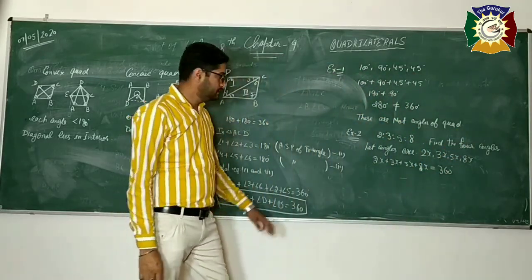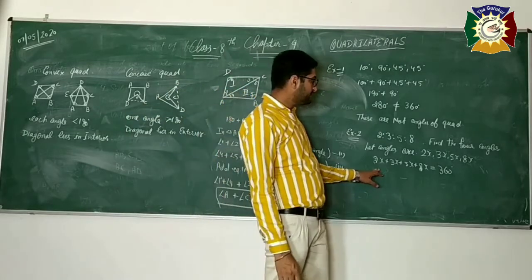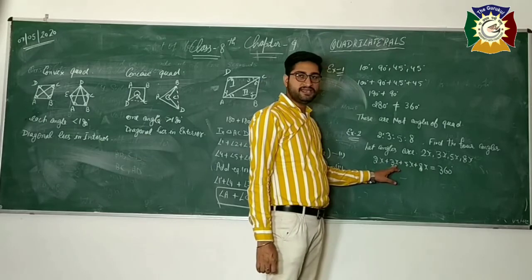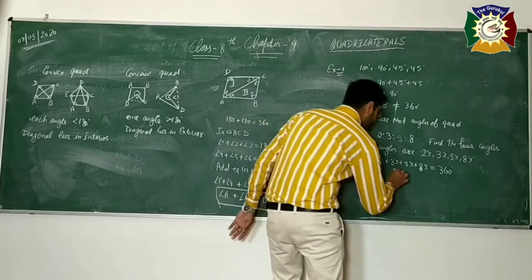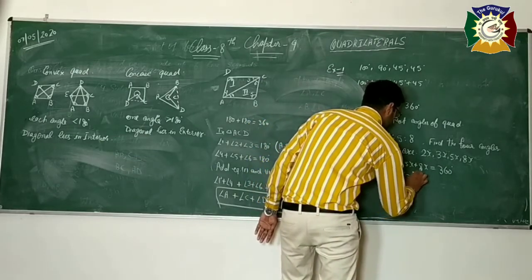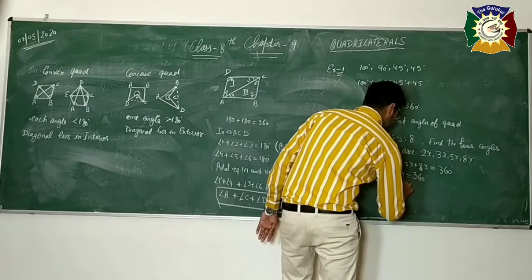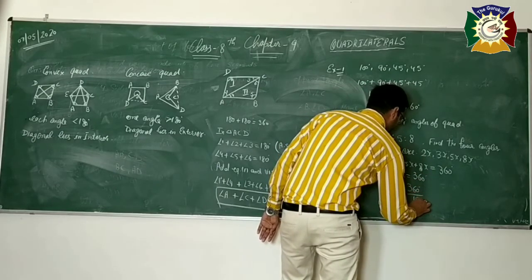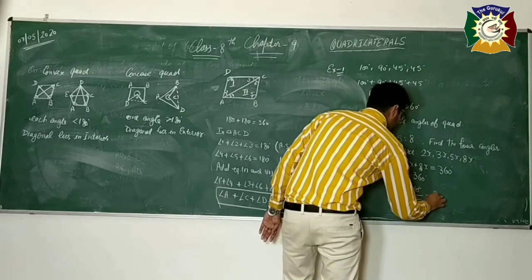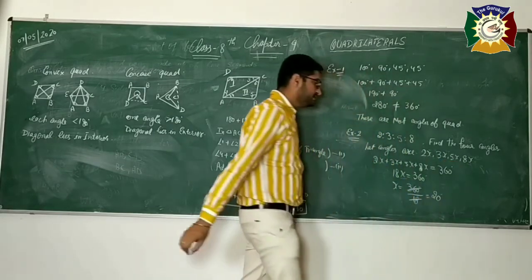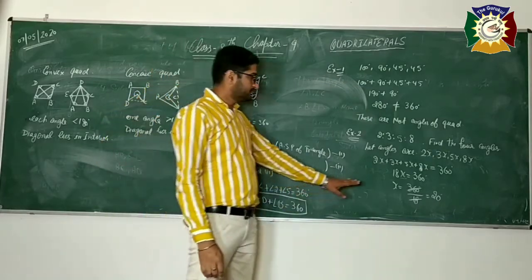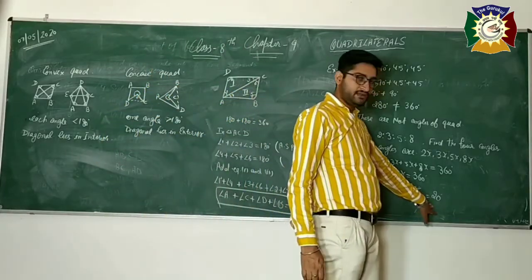Now, when we add these angles, it will be 8 plus 2, 10, and 5 plus 3, 8, 10 plus 8, that will be 18x is equal to 360 degree, and x is equal to 360 degree by 18, and this will be 20 degree. Is it clear to everyone?